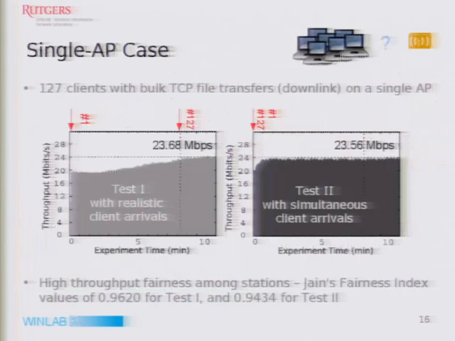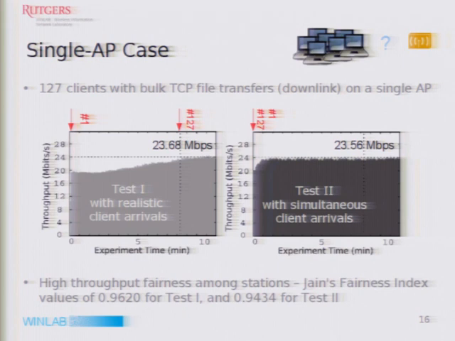So I'll speed up with this single access point case. There's one access point, and we're trying to see how clients change the system capacity. I'm showing you one experiment, or two reincarnations of it. This is your system capacity, and between the experiment start and probably the 7th minute, clients are coming in according to the pattern I described.